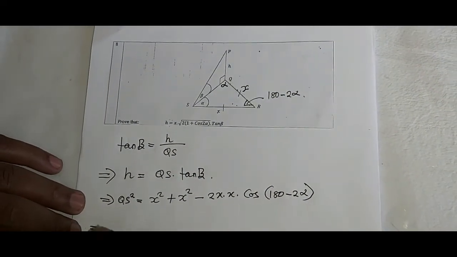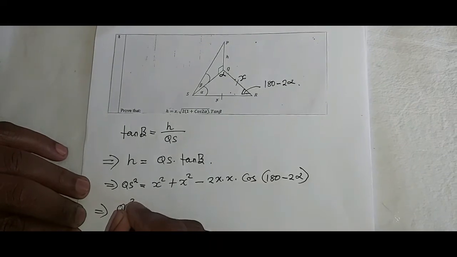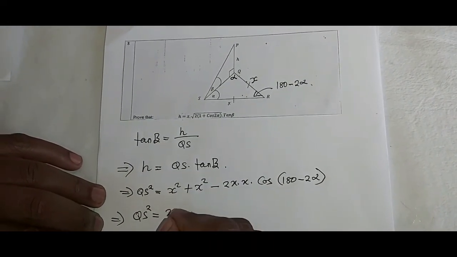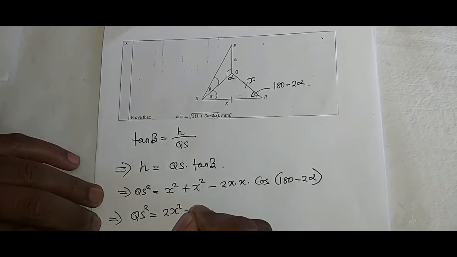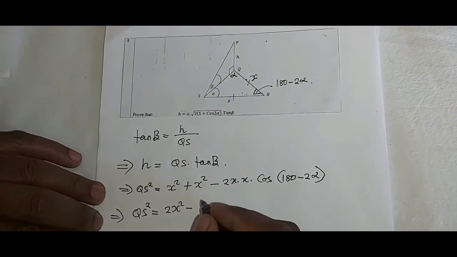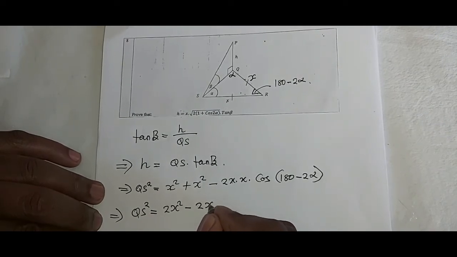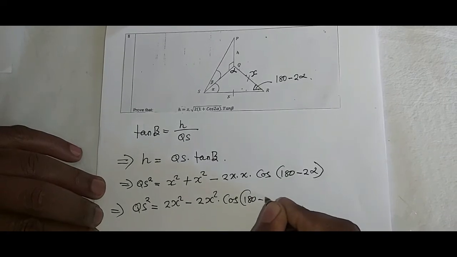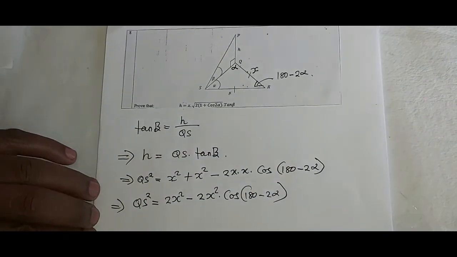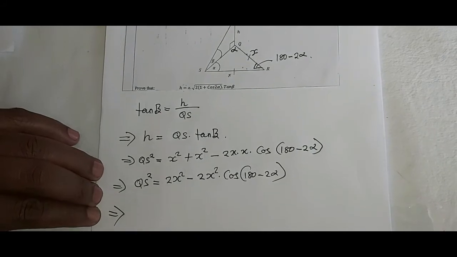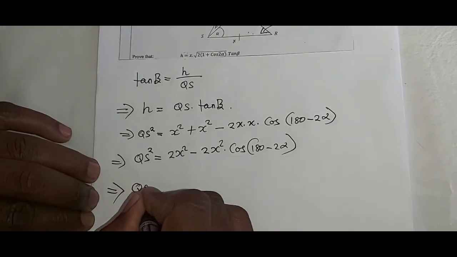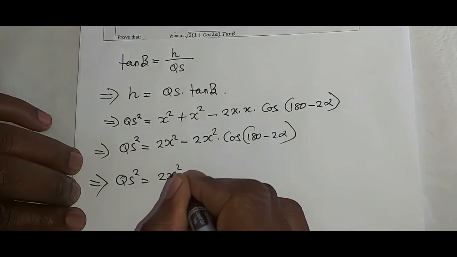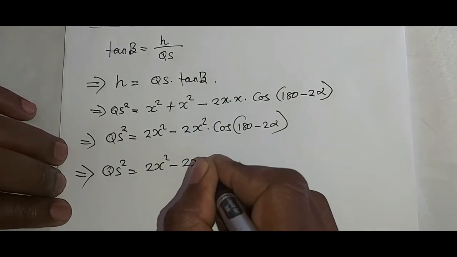Which now implies that QS squared is equal to X squared plus X squared, it gives me 2X squared, minus X times X, that is 2X squared, multiplied by cos of 180 minus 2 alpha. Which in this case implies that QS squared is equal to 2X squared minus 2X squared.